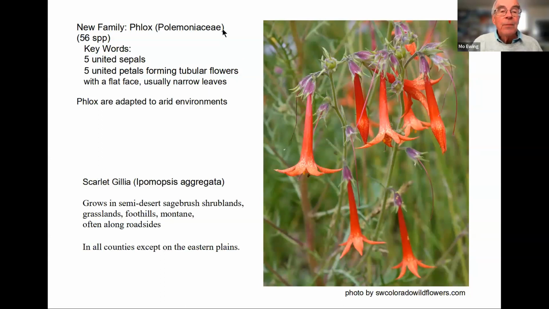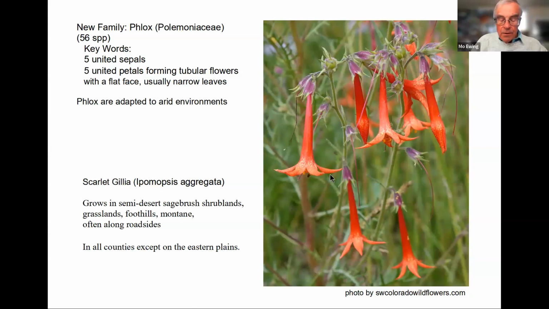So this is a new family called the Phlox family, and the key words are 5 united sepals, which are down here. You can see that they're only cut down halfway. 5 united petals forming tubular flowers with a flat face.